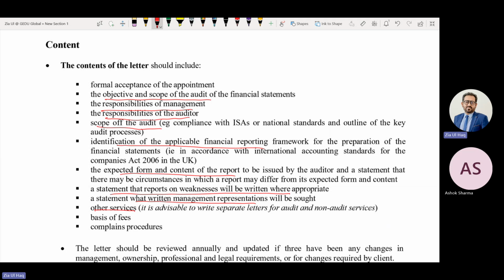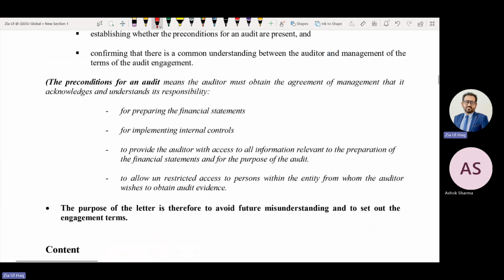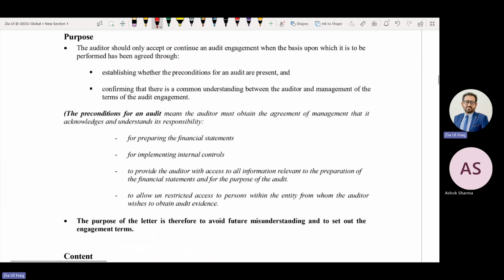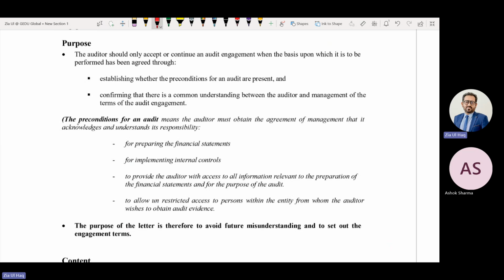If other services are provided, what are those? Basis of fee, meaning how the audit fee will be paid, either completely or in percentages, like half at start of work, half at year end. And complaint procedure: during audit, if the auditor is facing any issue, to whom they can complain. Before signing this engagement letter, the auditor must ensure the preconditions for an audit.